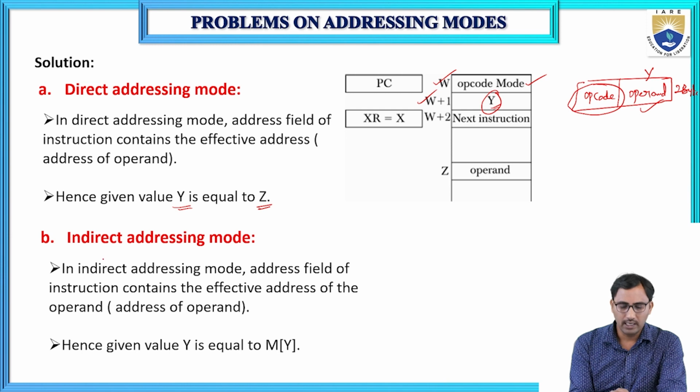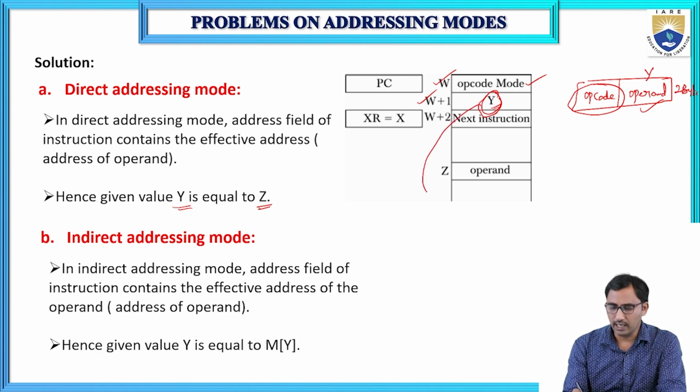Okay, the next one is indirect addressing mode. In indirect addressing mode, the address field of the instruction contains the effective address of the operand. Hence, given value Z is equal to M of Y. So Y itself is not the operand; this Y contains the effective address of the operand.